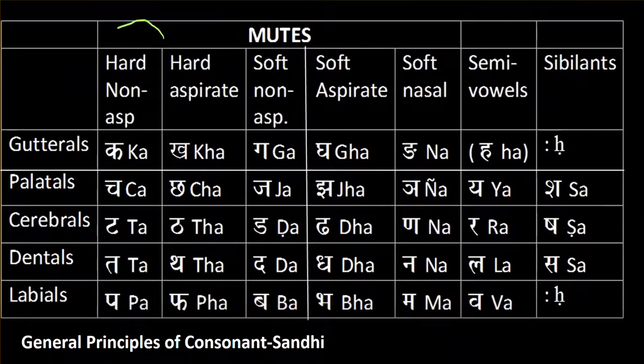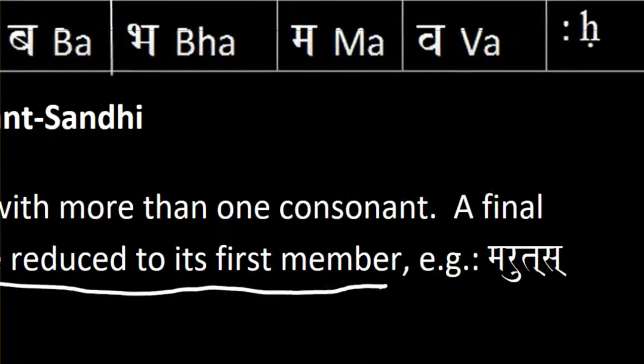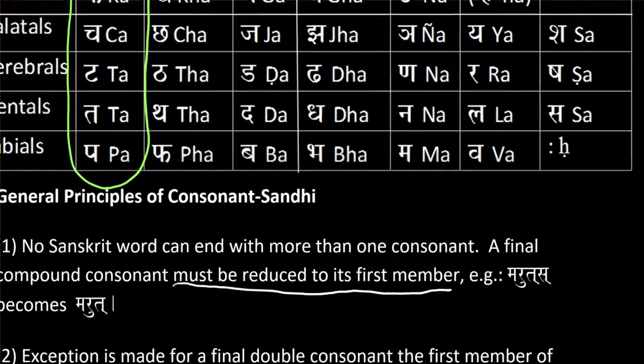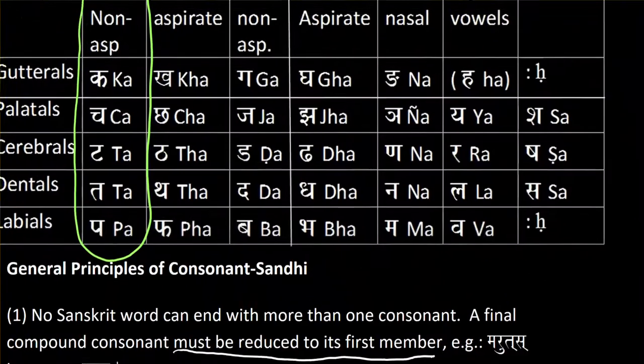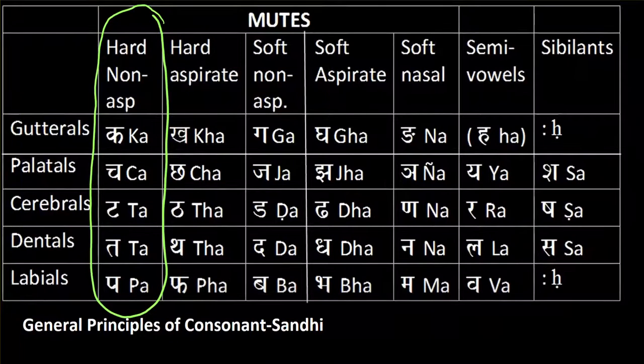This first column here is the first member of the consonants. As you can see in the example, maruts is in the same category as ta; the first member for sa is ta.